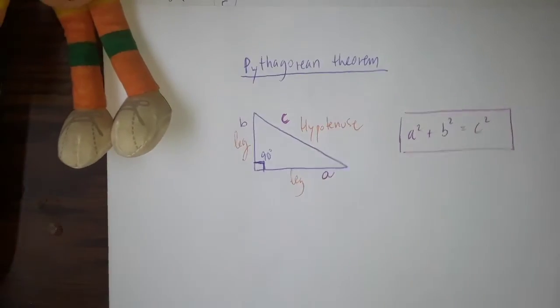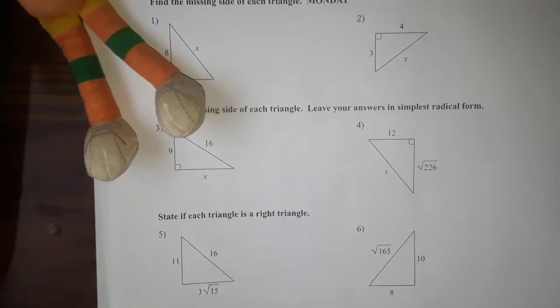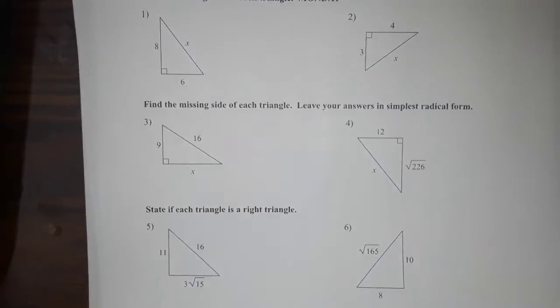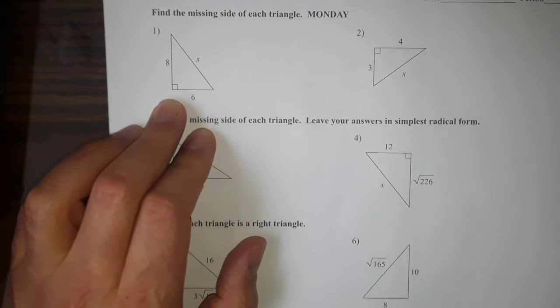So let's look at the exercise that we have for today. Let's start with the first one, number 1. The first thing we have to do is identify the legs and the hypotenuse. So let's go, Mick, it's your turn.